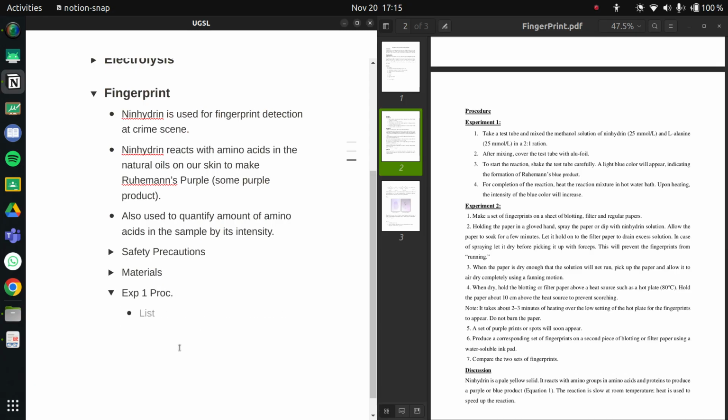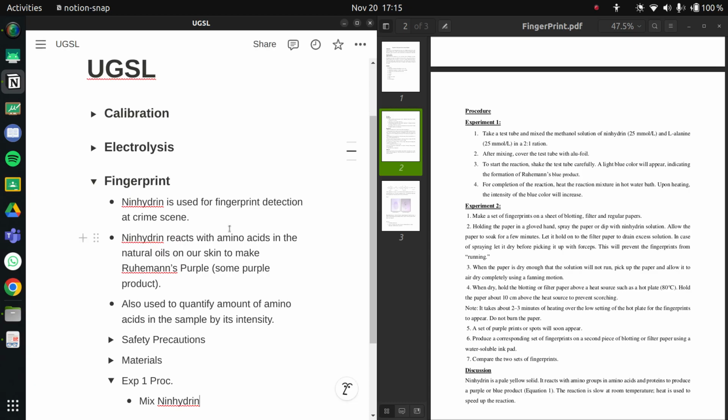So first we want to take a test tube, then mix the methanol solution. Okay, so basically ninhydrin solution. So it's not just an alcohol, it's more or less methanol.